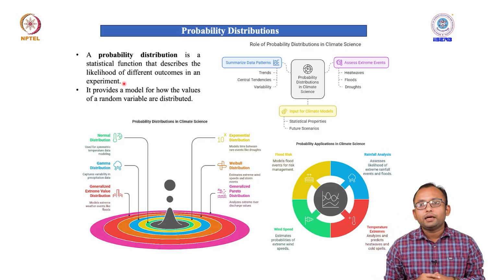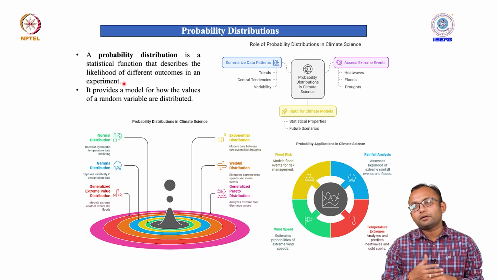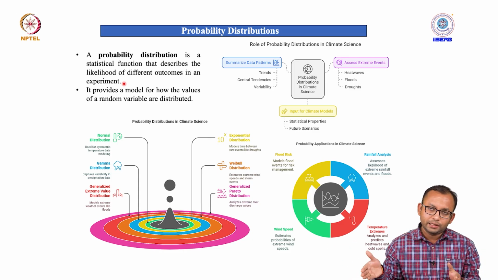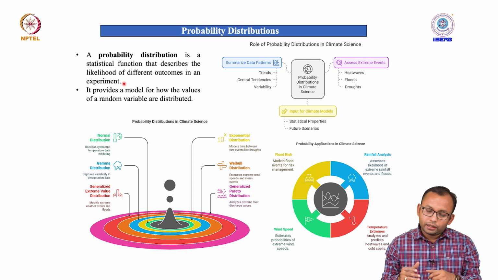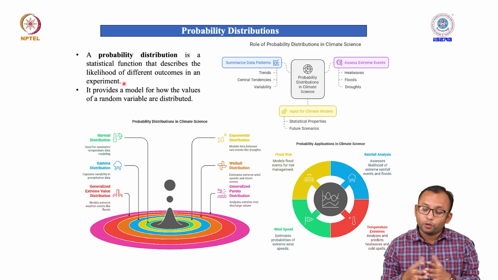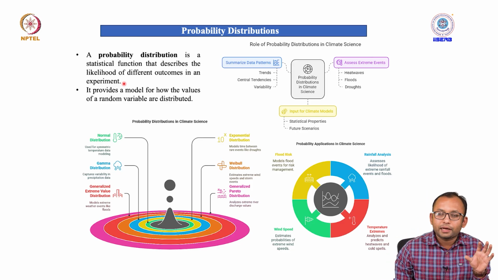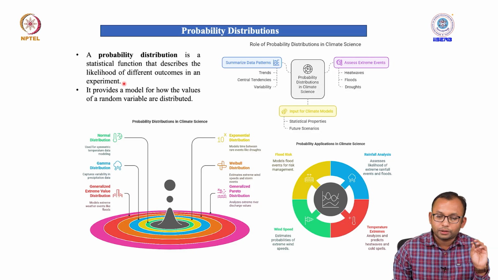Similarly, when you make very thin bin sizes for this data set, and instead of calculating the probabilities you calculate the probability densities, that will become your probability distribution function. So, it is a mathematical representation of the likelihood, the probability densities, with the corresponding values.